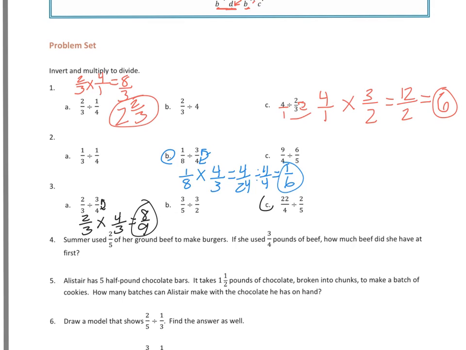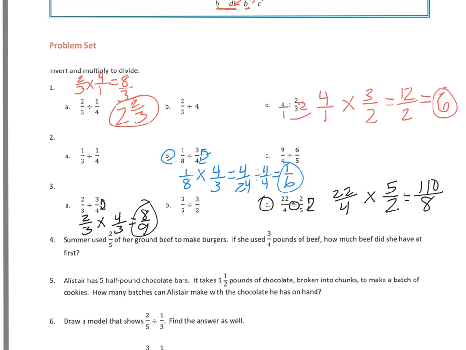For this last one, C, 22/4 times 5/2. So this changes to multiplication, and I'm going to invert those two, meaning I'm going to flip them around. So I get 110 over 8.